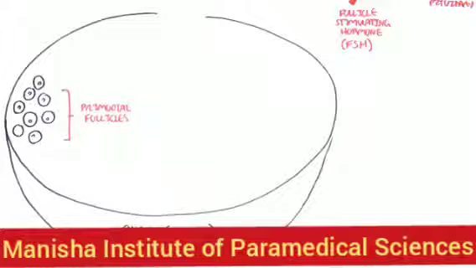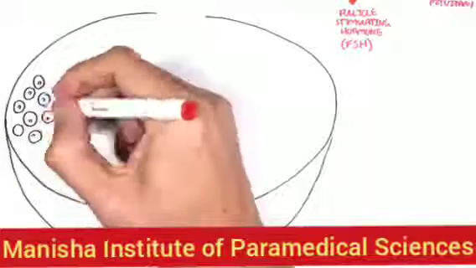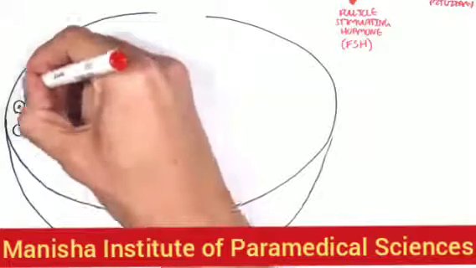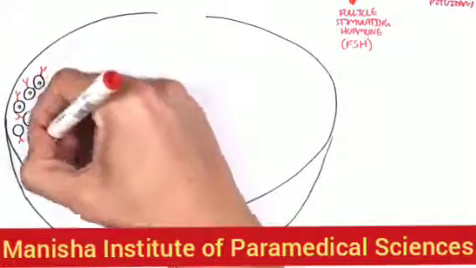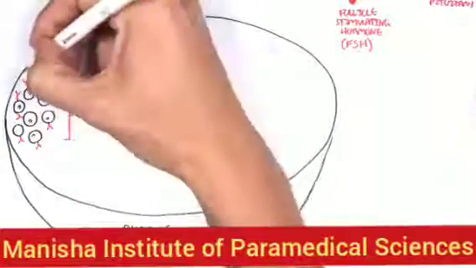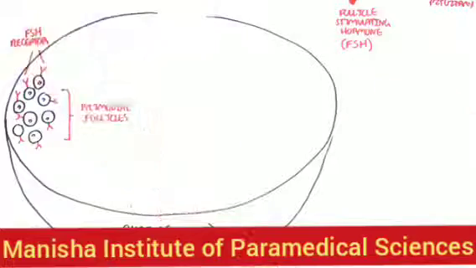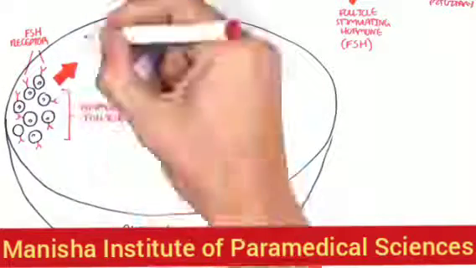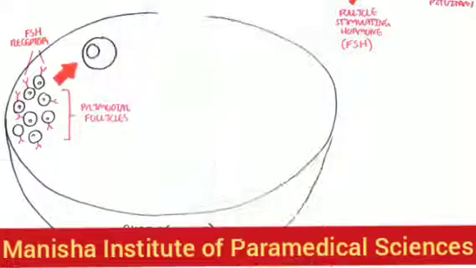In the ovaries, you have thousands of primordial follicles ready to mature. These primordial follicles have FSH receptors. And so, when FSH is being produced, some of these follicles will mature.